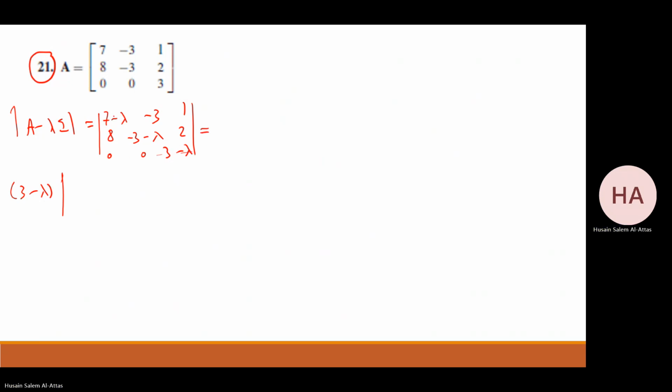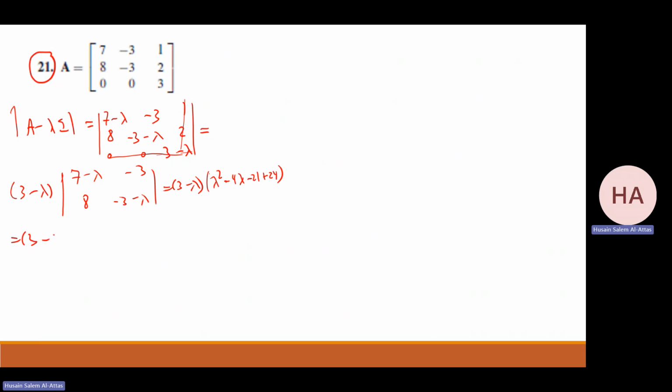Cancel this row and column, I have 7 minus lambda, minus 3, 8, minus 3 minus lambda. That gives me 3 minus lambda times, this is lambda square, 3 lambda minus 7 lambda is minus 4 lambda, minus 21 plus 24.